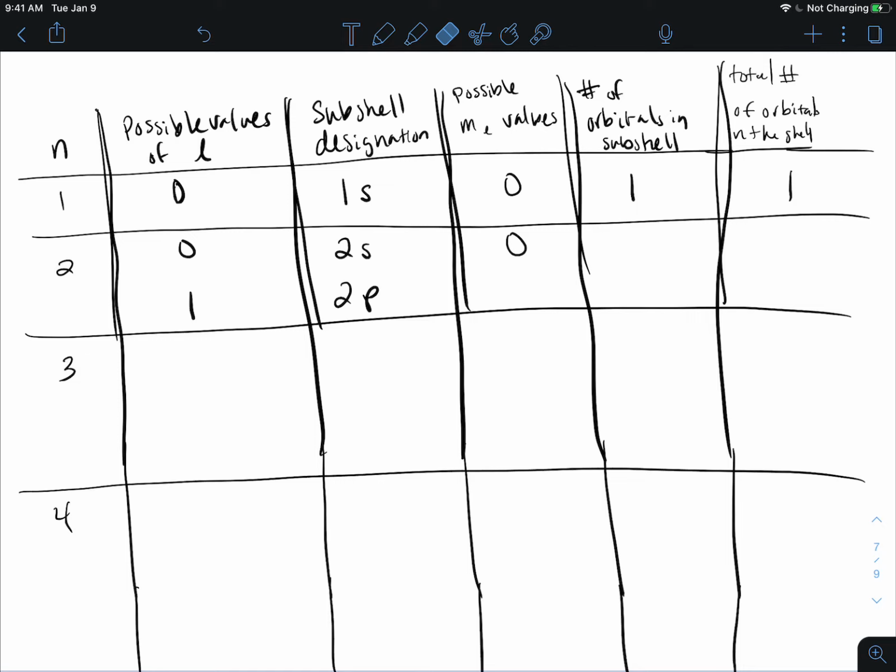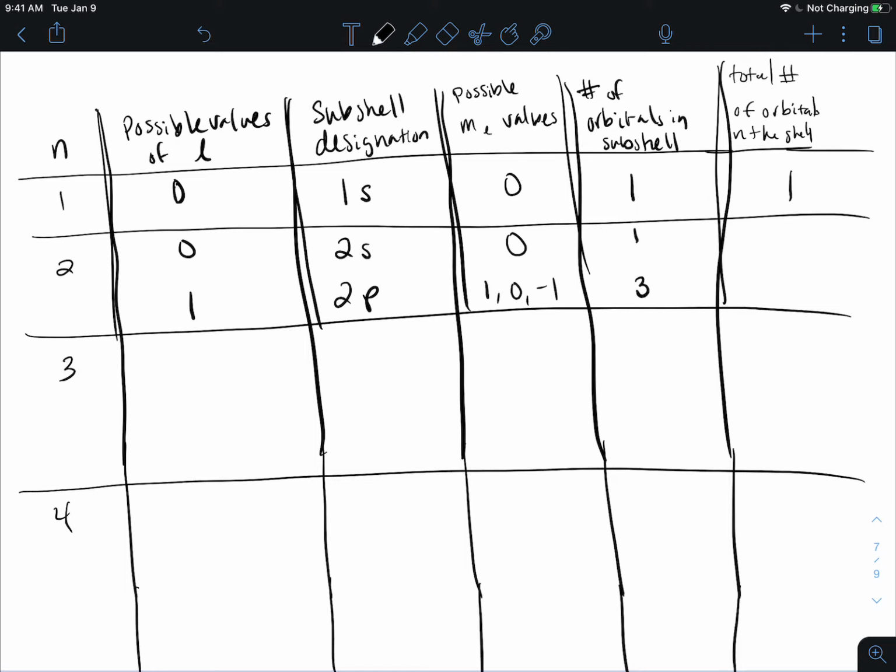And then with our 2p, our L value is 1, so m sub L can be 1, 0, and minus 1. So there are our 3 orientations. So 1 orbital, because we have 1 orientation for 2s, and 3 orbitals, because we have 3 orientations for 2p.